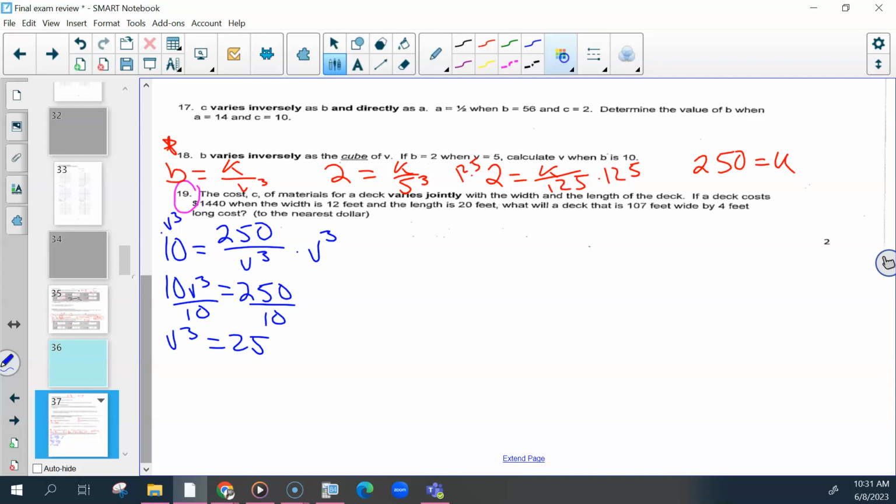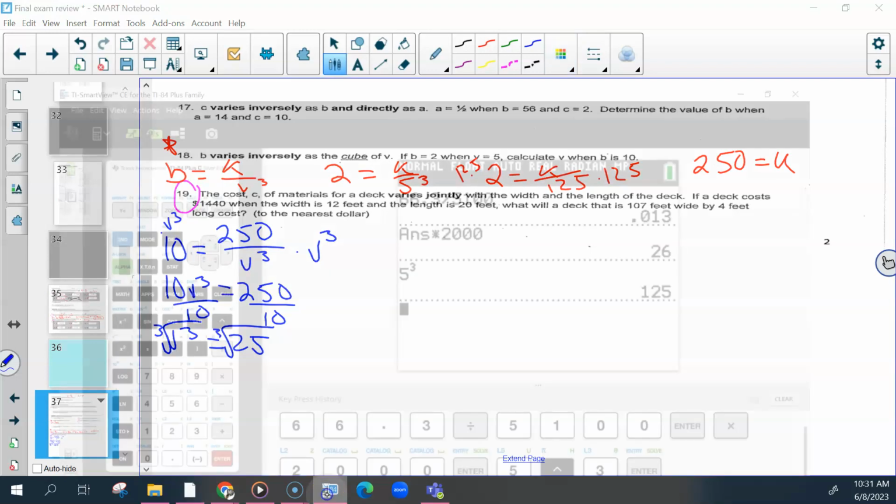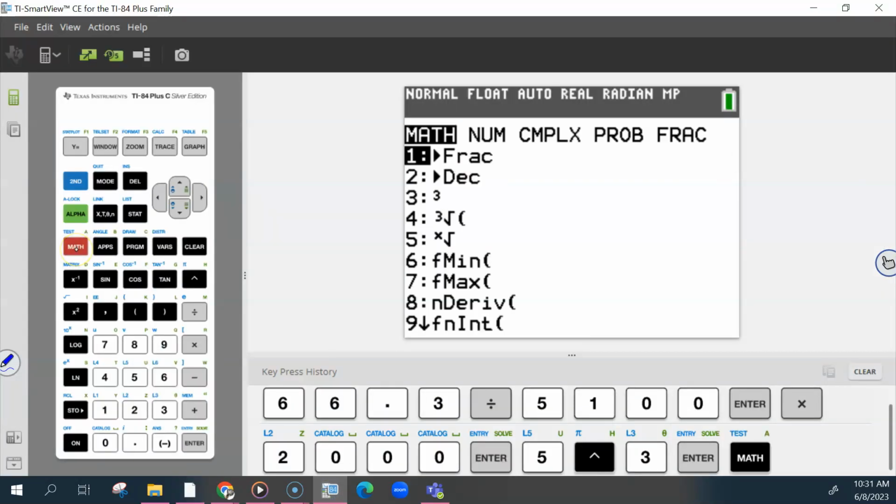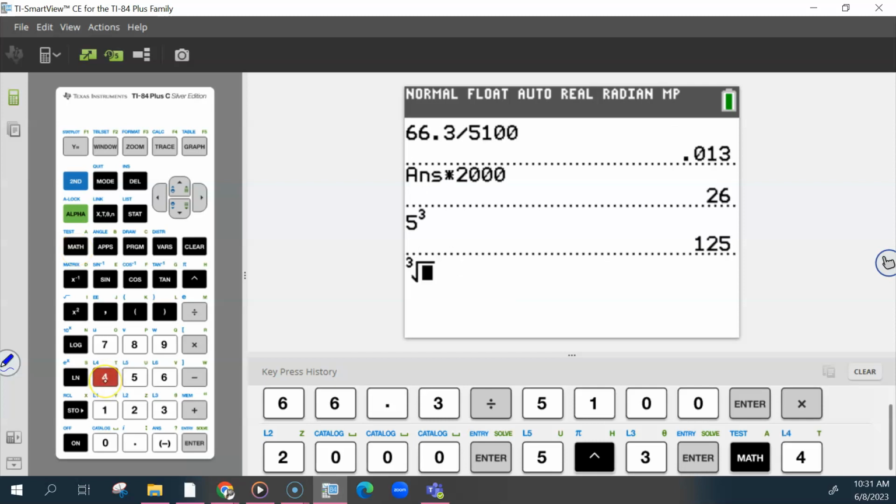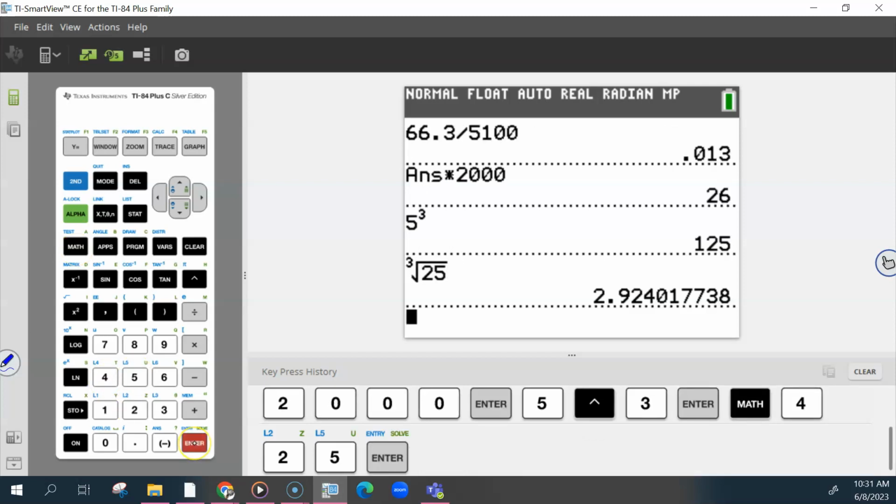And then the last part, to get b completely by itself, we have to get rid of the 3 by taking the cube root. In your calculator, if you go into math, and then the fourth one, you can see that. It would be some decimal around 1 or 2 decimal places.